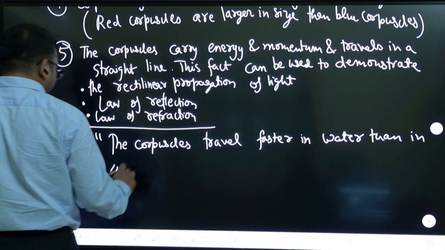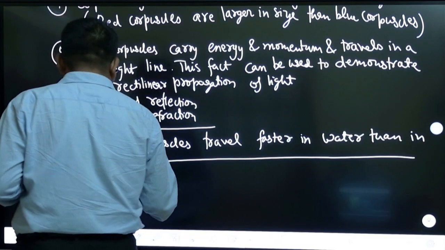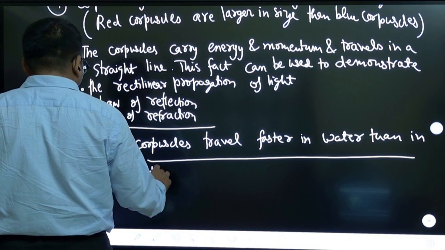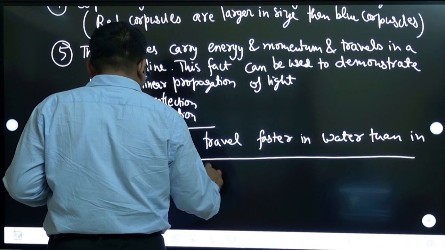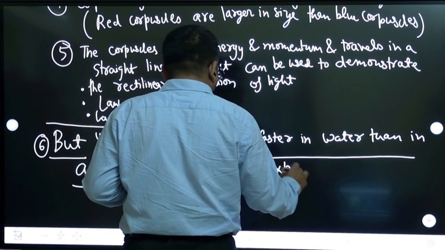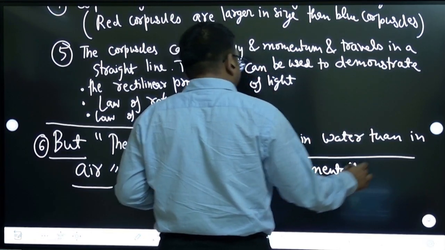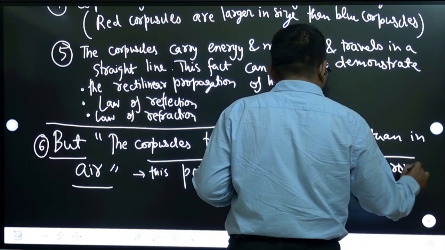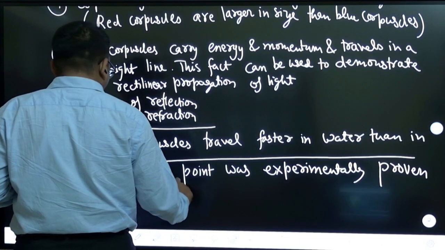But the corpuscles travel faster in water than in air. This point was experimentally proven wrong. This was proven wrong.